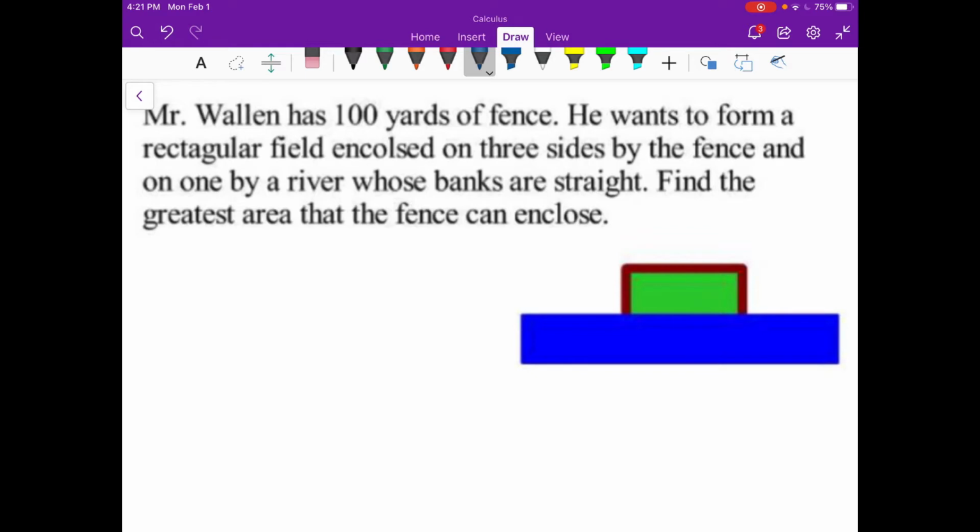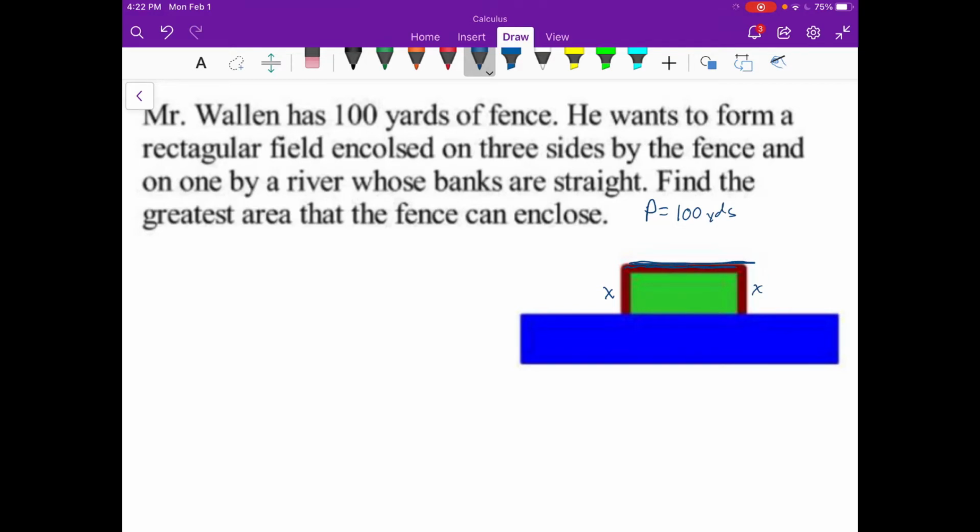The fencing is 100 yards. And so what we're going to do here is let this represent x. And what will this length be?